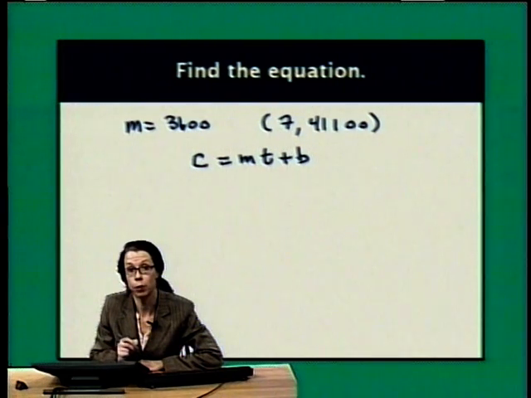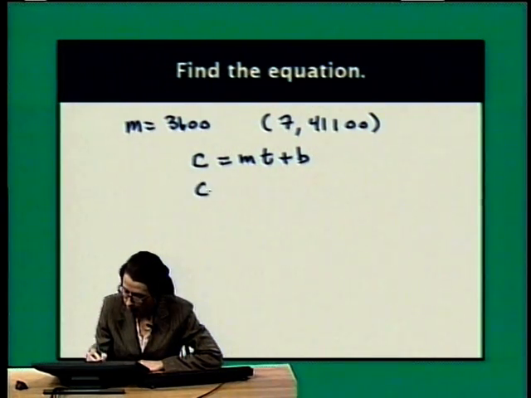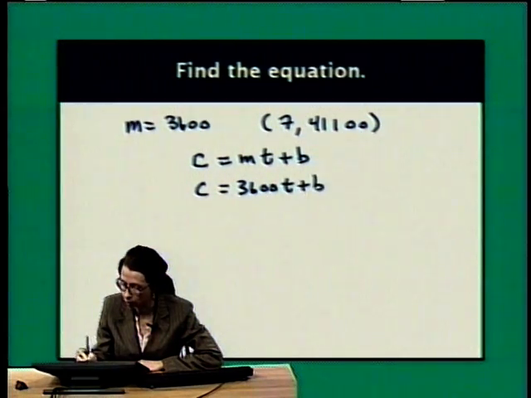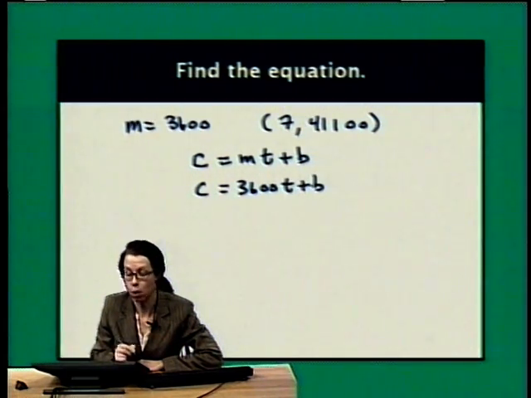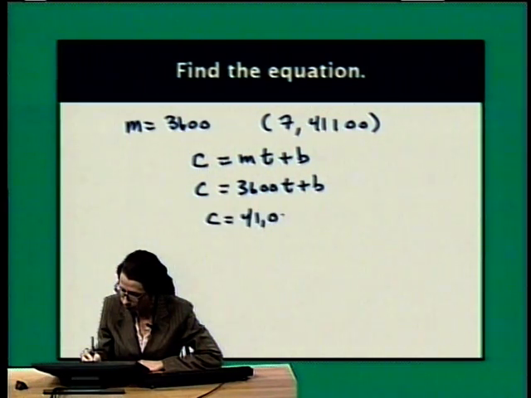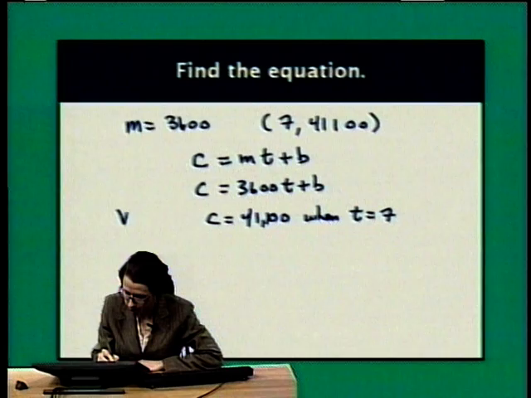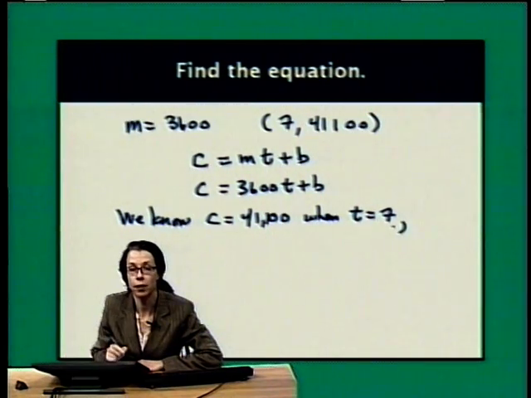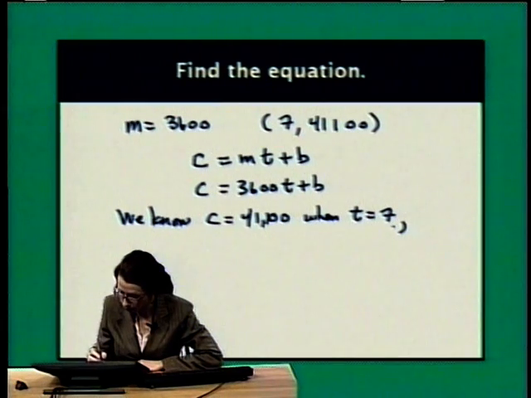So I'm going to put in what I know. I know that the slope is 3,600. I also know that C equals 41,100 when T equals 7. So I'm going to put that into the equation to determine b.